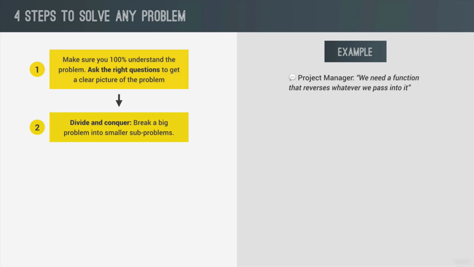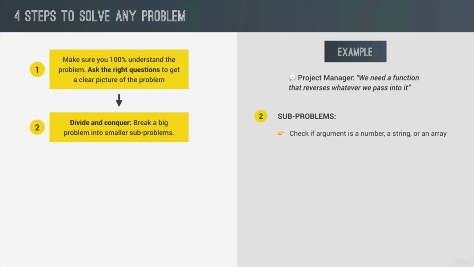So based on the previous step, if we wanted to break down this problem, we could define a couple of subproblems. First, we need to check if the argument is a number, a string, or an array. And this is, in fact, a small subproblem, right? So now we can just solve this one in isolation and then move on.